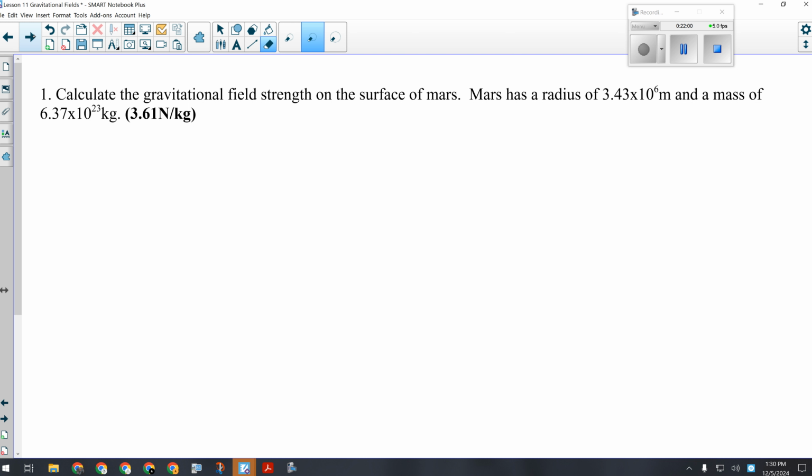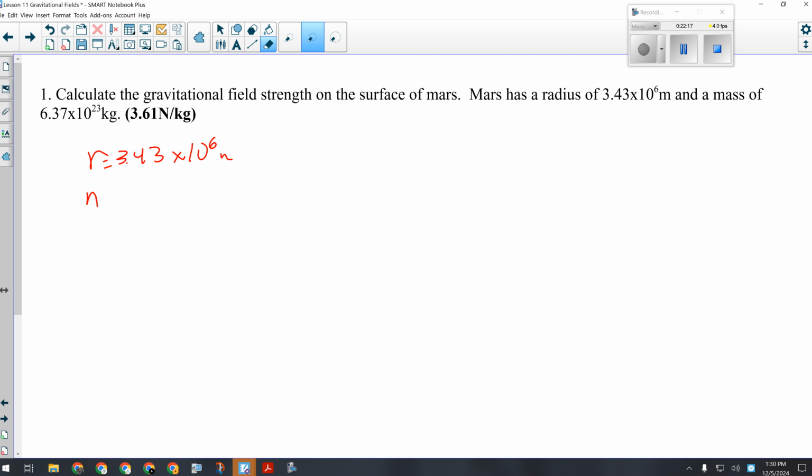Right? We want to calculate the gravitational field strength on the surface of Mars. Okay, what we're given in this question is the radius of Mars. Okay, so we know Mars' radius is 3.43 times 10 to the 6 meters.